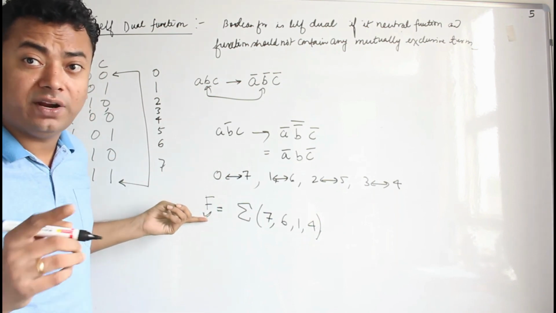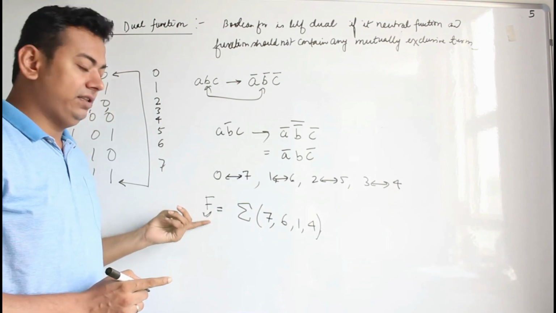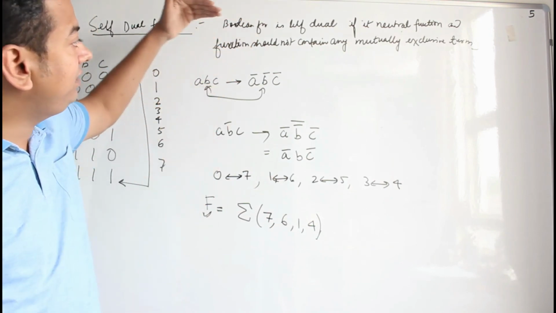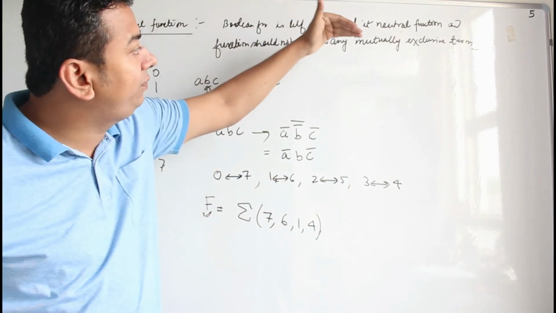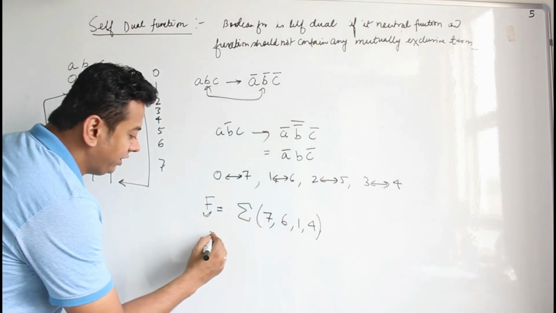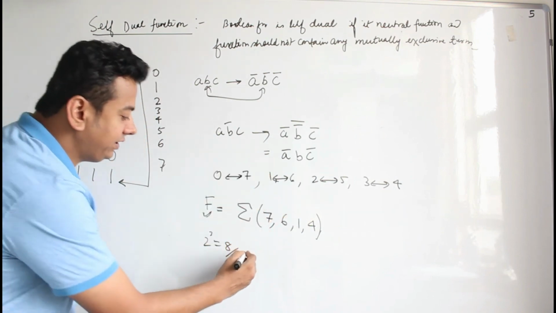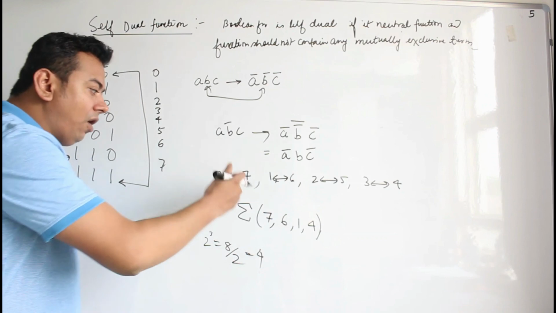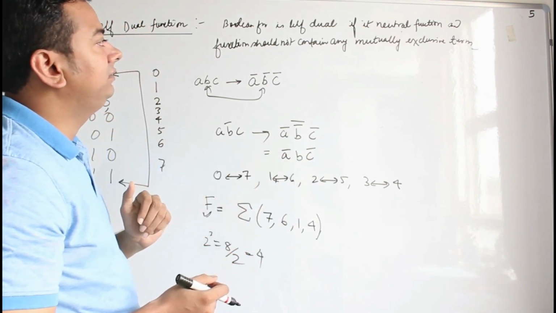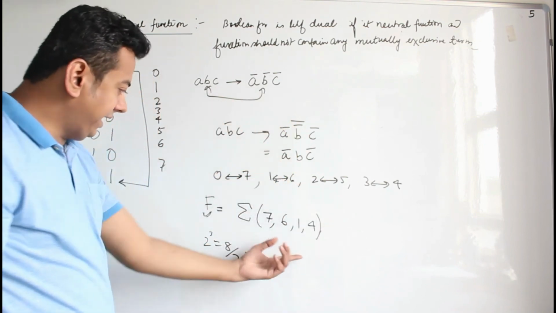That is 2 raised to power 3, that is 8. So if the total number of rows is 8, the total number of min terms should be 4 only, because a self-dual function has to be neutral. For neutral, the number of min terms and max terms is equal, so divide by 2, which is nothing but 4. So the total number of min terms for a self-dual function has to be only 4.